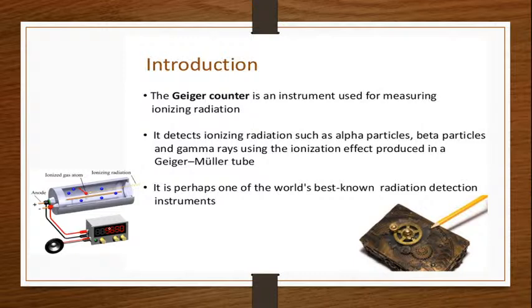Next one is this Geiger-Muller counter. This Geiger-Muller counter is there in case of radiopharmaceuticals. You must have read this. This instrument is used for measuring the ionizing radiations. If your compound contains any radioactive material which has a capacity to emit alpha, beta, or gamma rays after ionization, then by the ionization effect you can easily determine the amount of alpha, beta or gamma radiation from that particular compound.